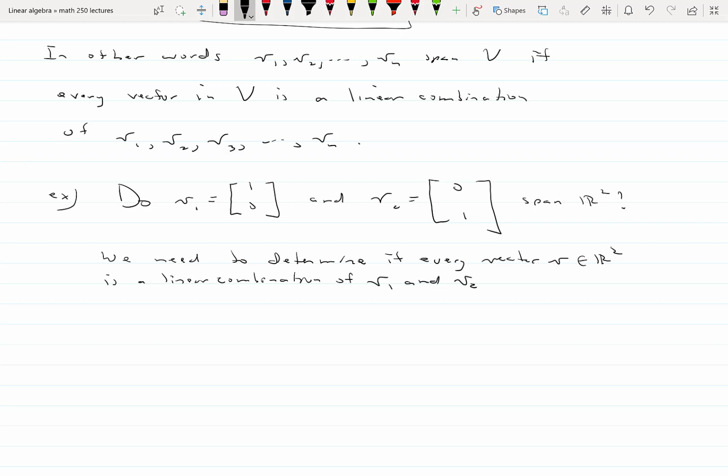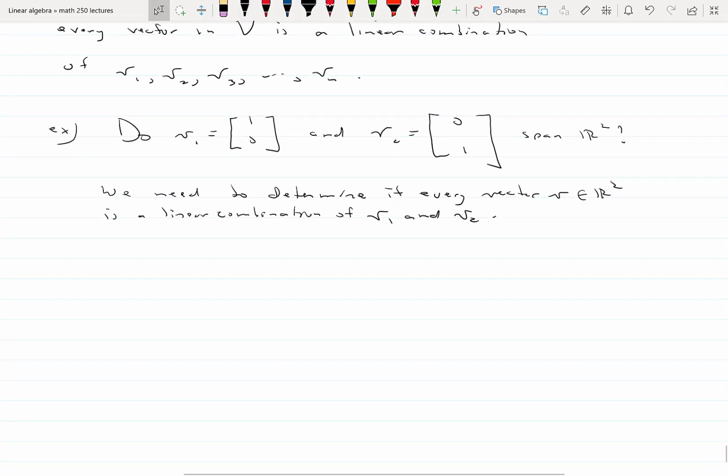Okay, so let's see if this is true. Let's pick something from R2. Let V equal (A, B) be an arbitrary point from R2.